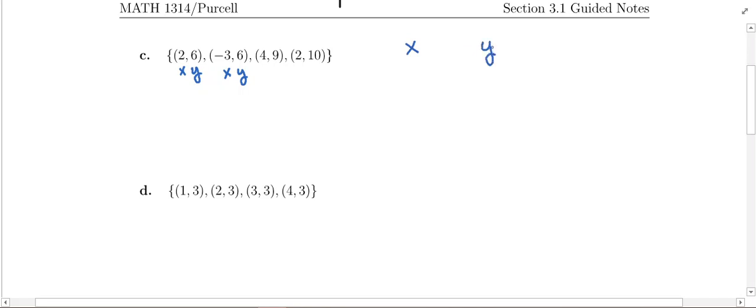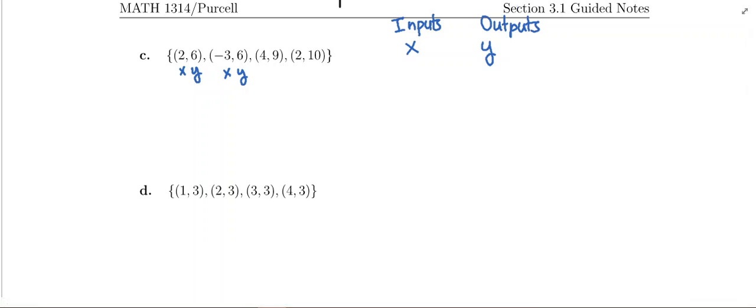What we've talked about already is that x represents our inputs, and the y values are going to be our outputs. Instead of going point by point, I am going to take a look at the x values first, all the inputs. So I've got 2, -3, 4, and 2.